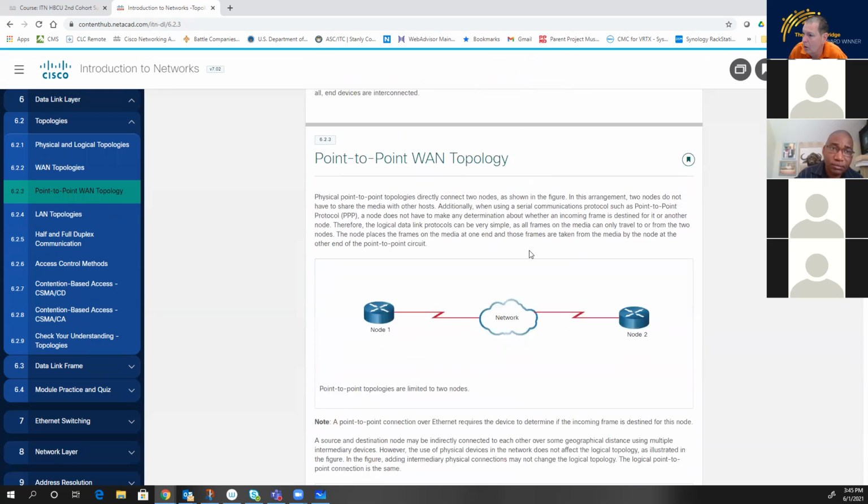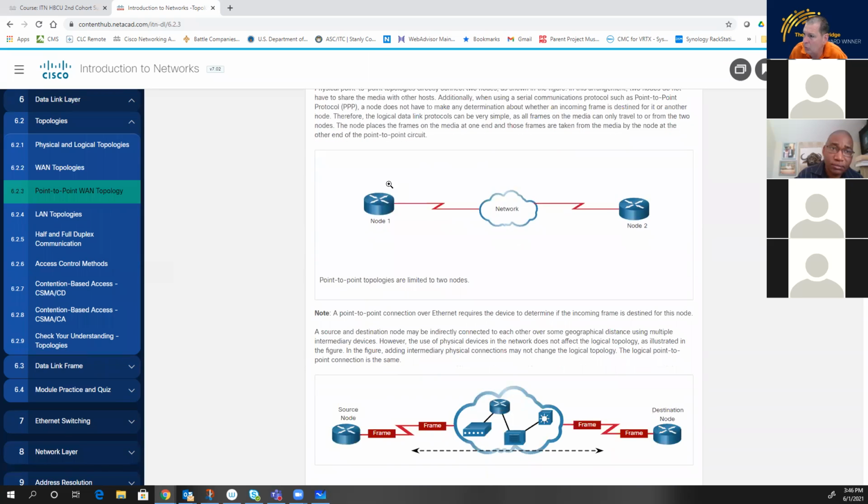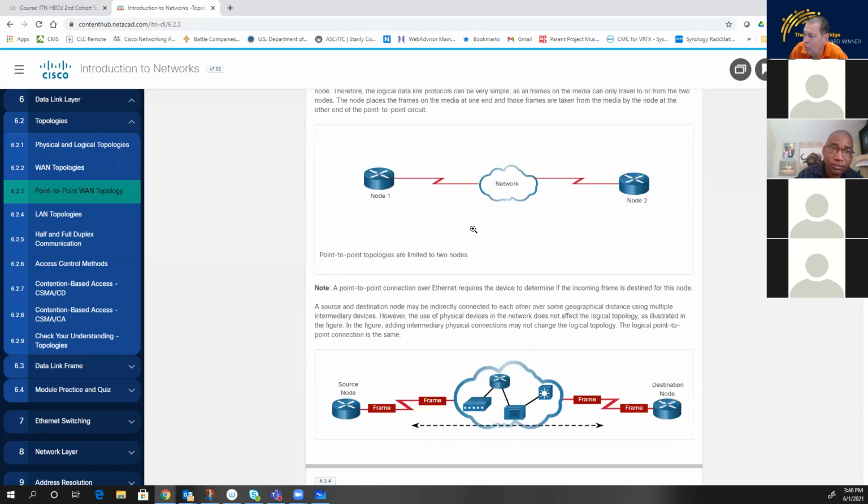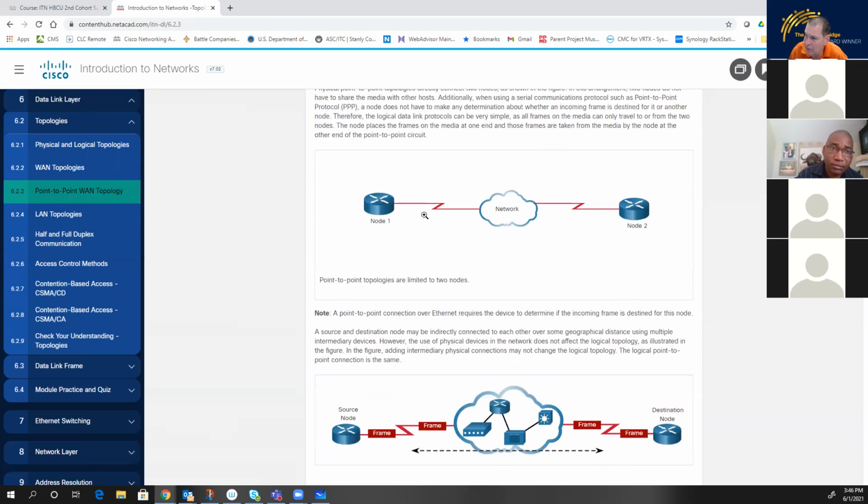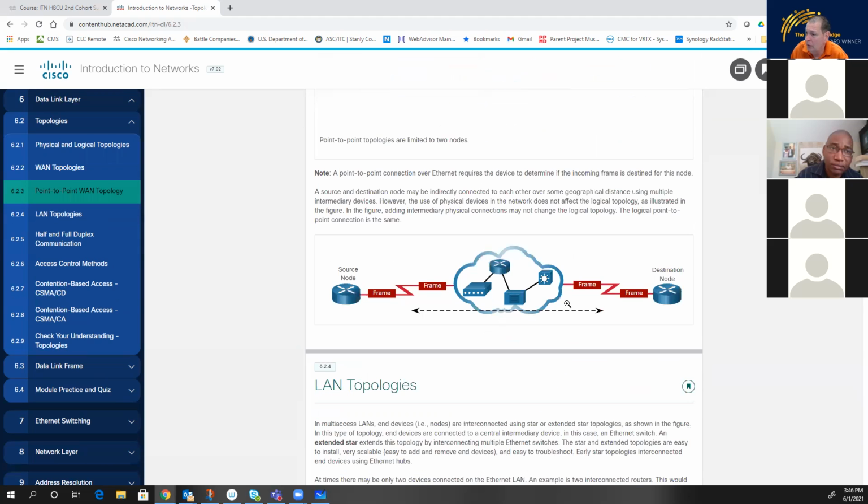So point to point, obviously node 1 to node 2. Now, one of the things people don't realize is that many times across a WAN network, even though it looks like it's point to point, what's really going on is that your service provider may be running MPLS, which is multiprotocol label switching, or some other type of tunneling protocol.